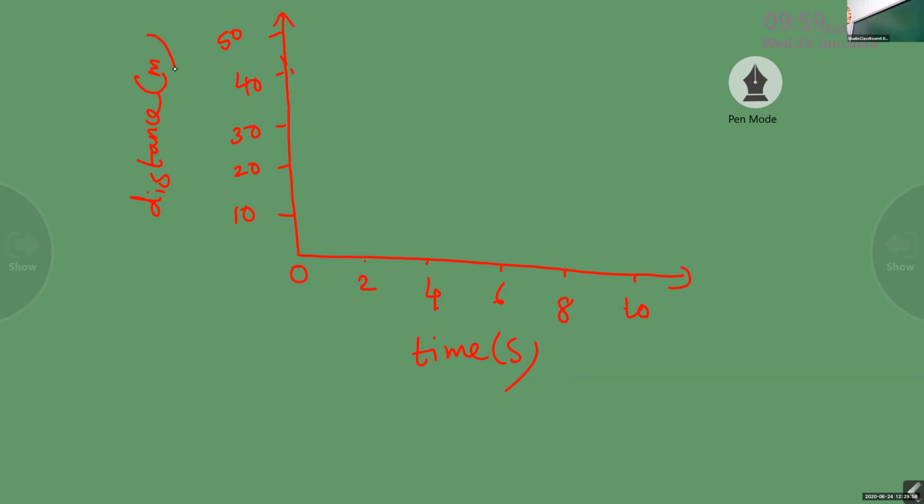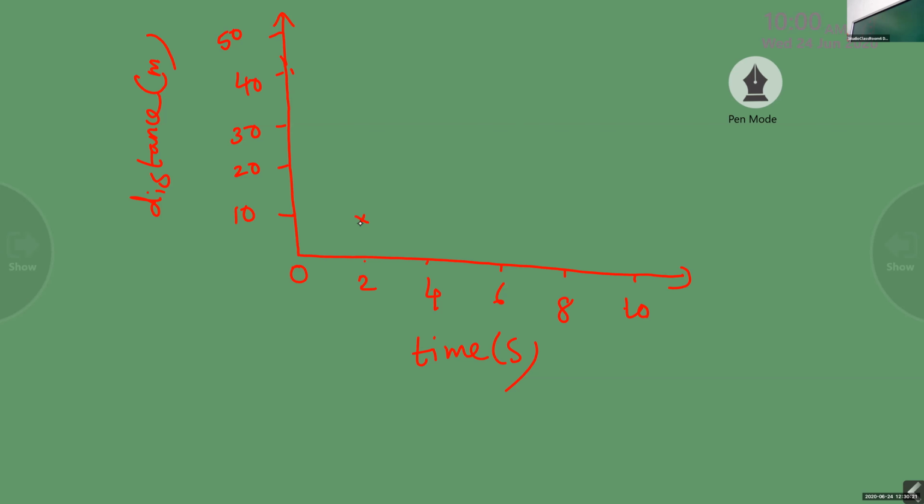Okay. Now look at what I am doing. According to that, you plot the points. Corresponding to 2 and 10, plot a point.